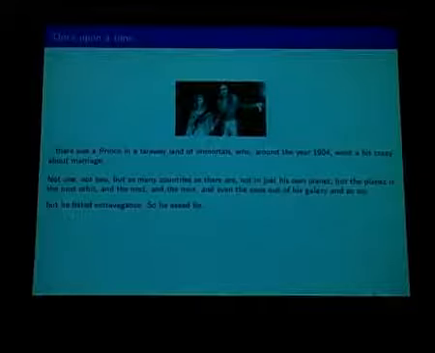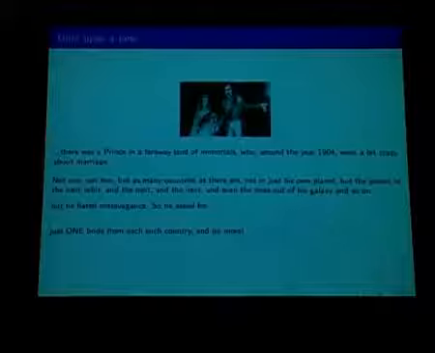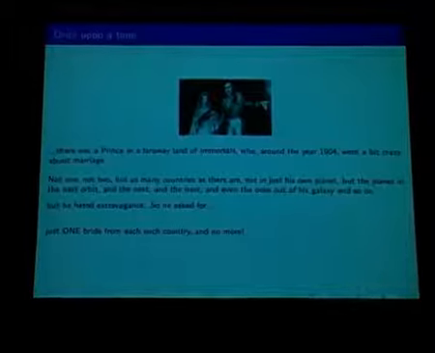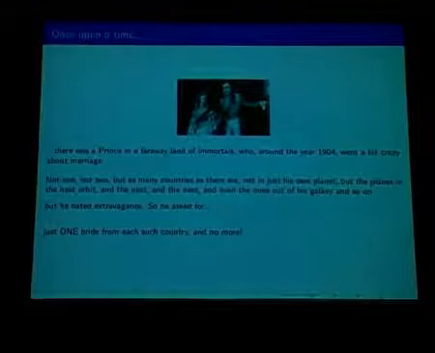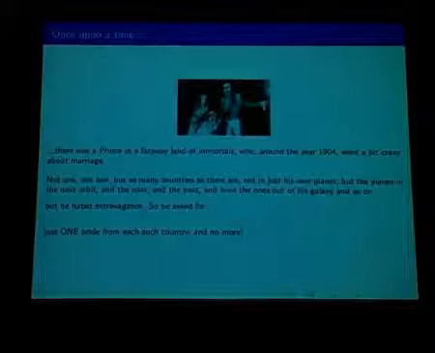However, he didn't want to make it too big a celebration, so he asked for just one bride from each such country. So basically, it's really like he had these infinitely many boxes and he wanted to choose one thing from each.